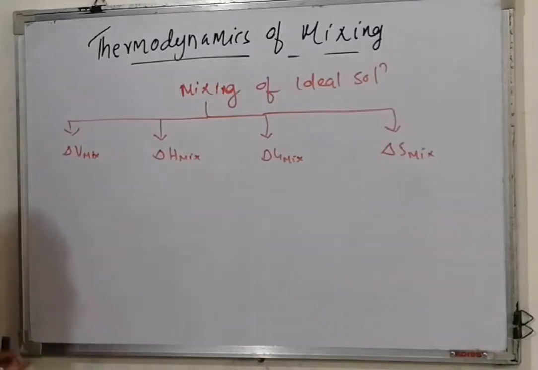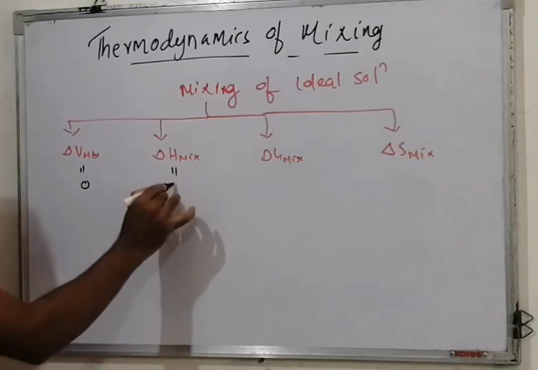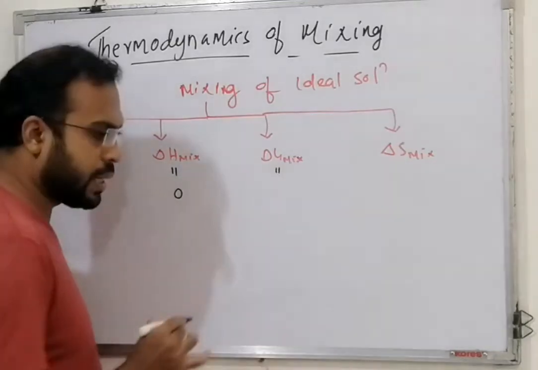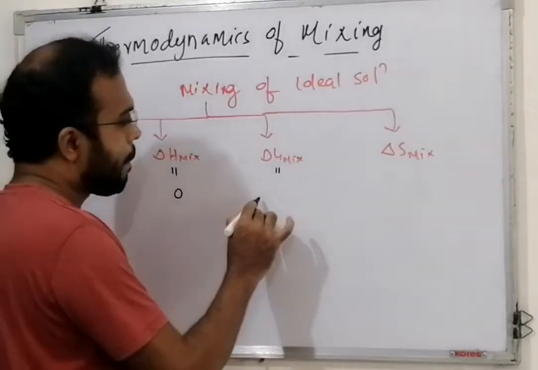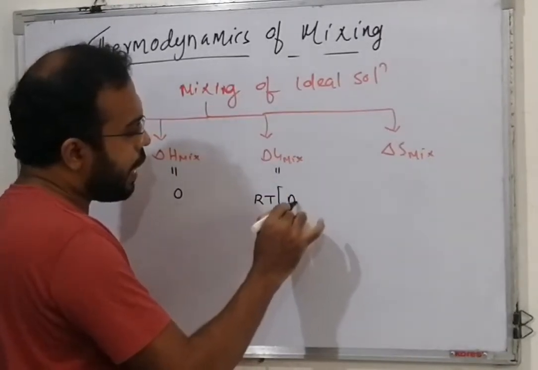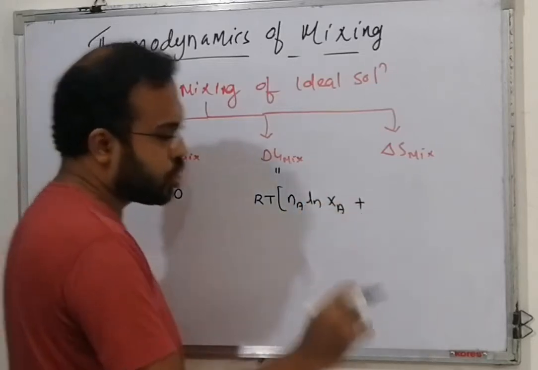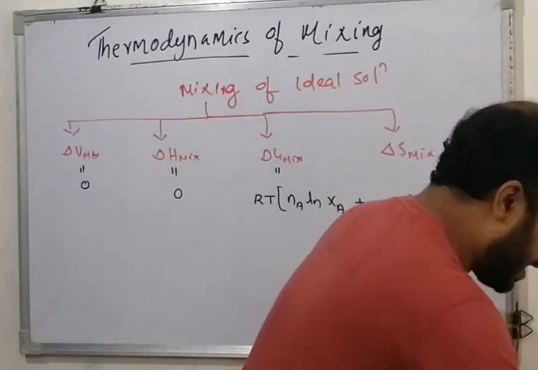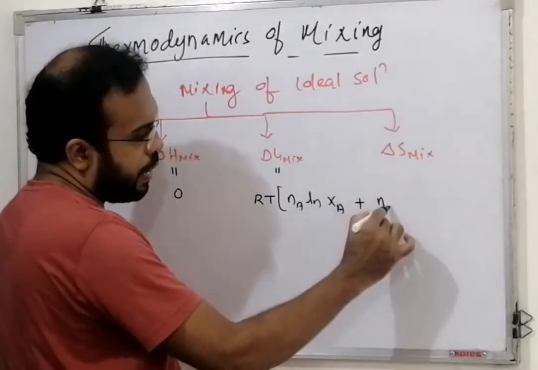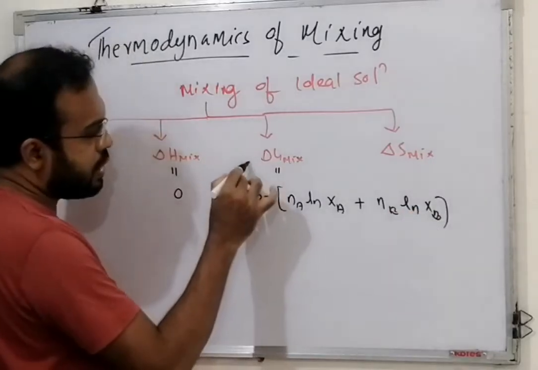For an ideal solution, this value is 0, this is also 0, and delta G mixing is RT (NA ln XA plus NB ln XB).